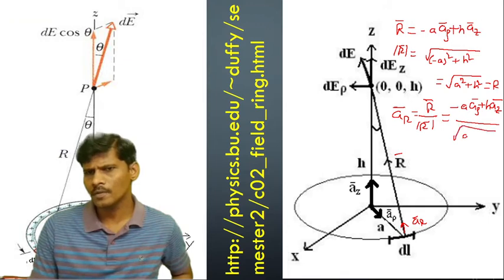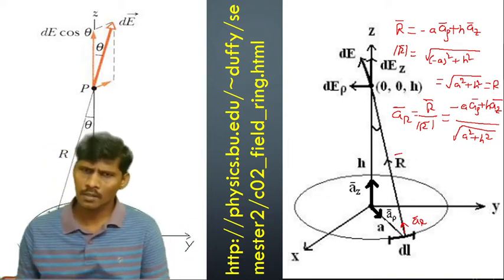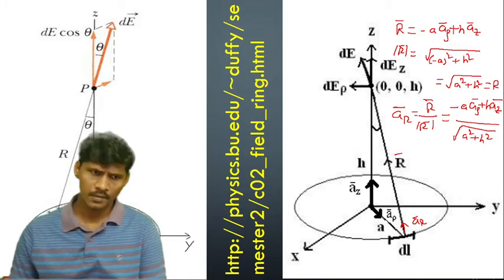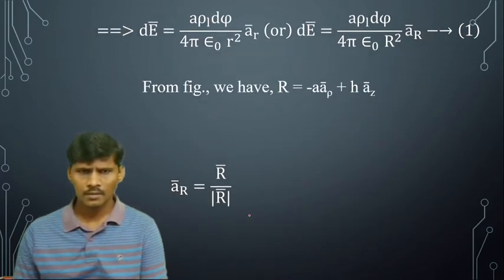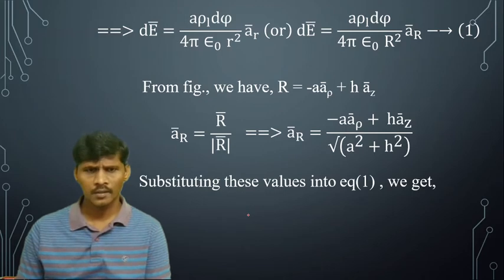Square root of a square plus h square. So these are the distance vector R bar and the aR bar unit vector from this figure. Now coming to the continuation of the derivation, and this is R bar and aR bar.